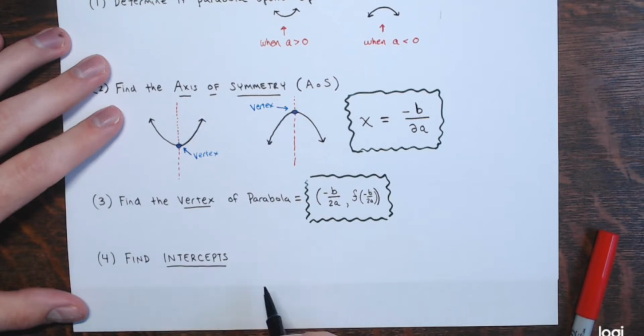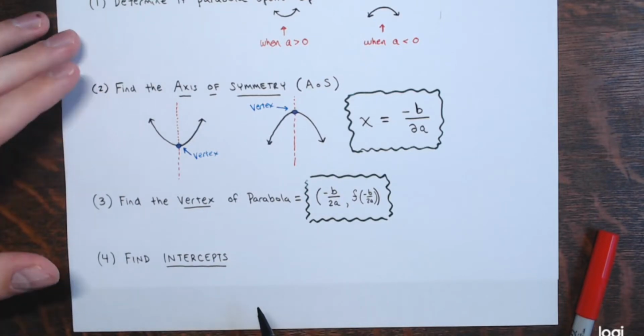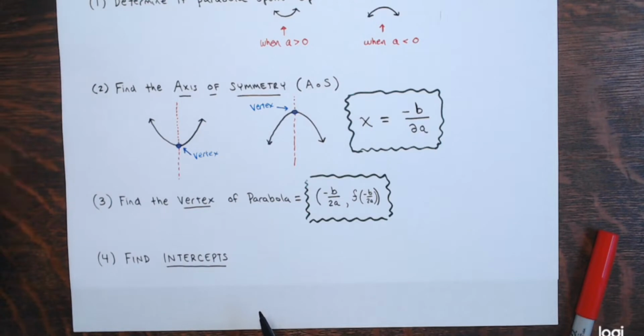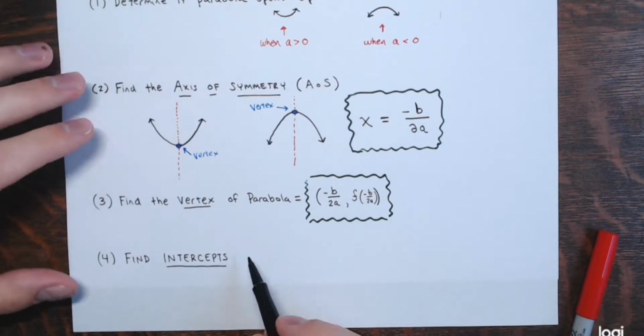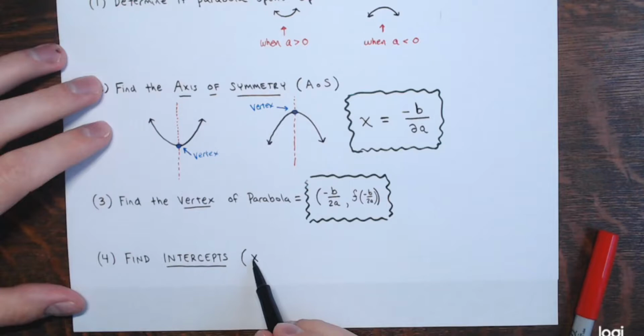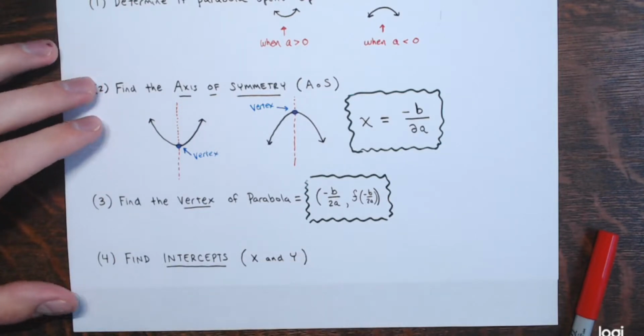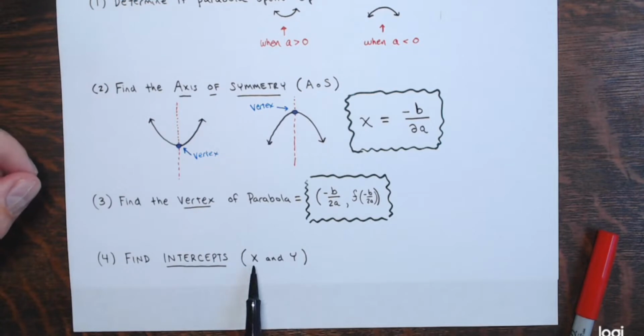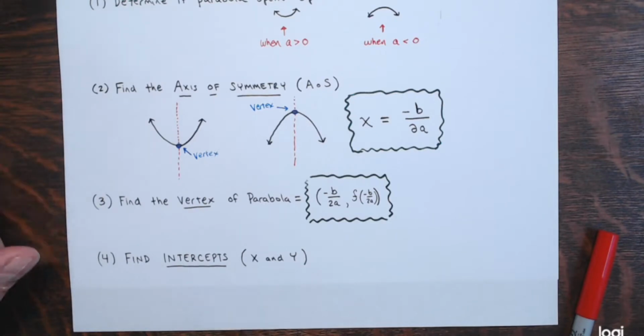This is the x-intercepts and the y-intercepts. So I'll put that, x and y intercepts. Now don't forget that sometimes a parabola has no x-intercepts. So just be careful with that.